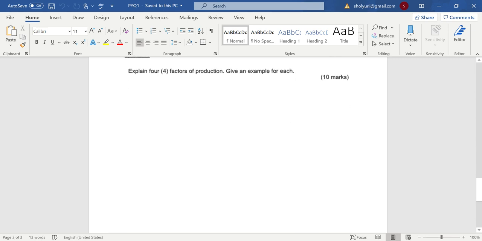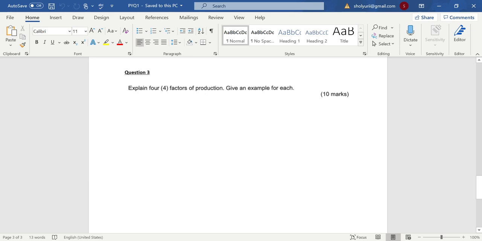And question 3, explain 4 factors of production, give an example each. So this one, the higher already teach you, you need to explain what is land. Okay, in translation, land tanah, tapi in economic sense, land means the natural resources bestowed by Allah Subhanahu Wa Taala to us.